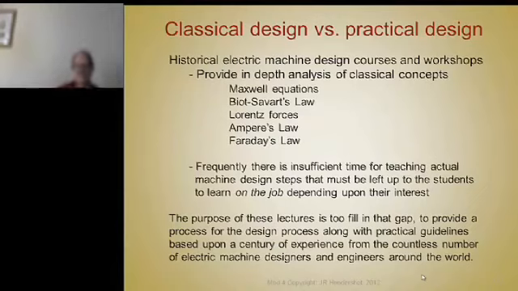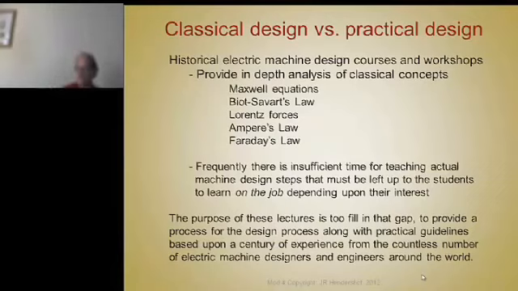Most college classes and professors don't teach us, and that's one of the main purposes of these lectures, to fill in that gap, to provide the design process, the practical aspects of what we get as consultants.